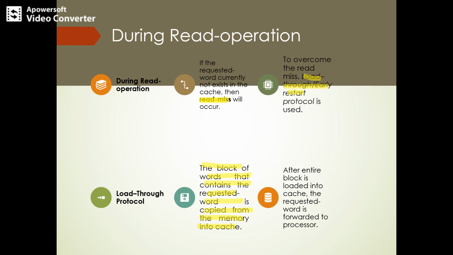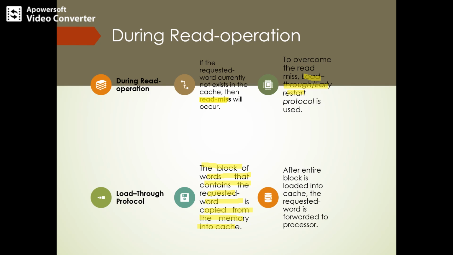Also, what is the meaning of read miss? During a read operation, the requested word does not exist within the cache. In order to overcome read miss, we can make use of the load through or early restart protocol.